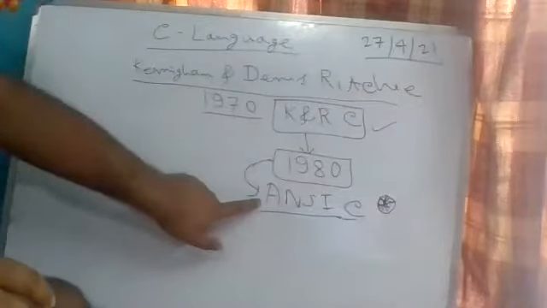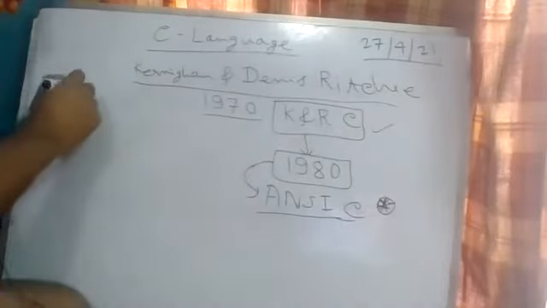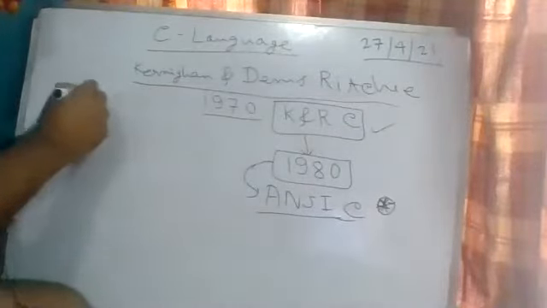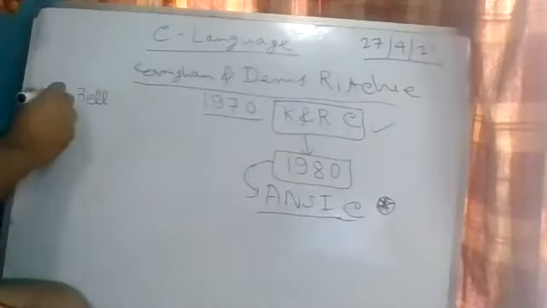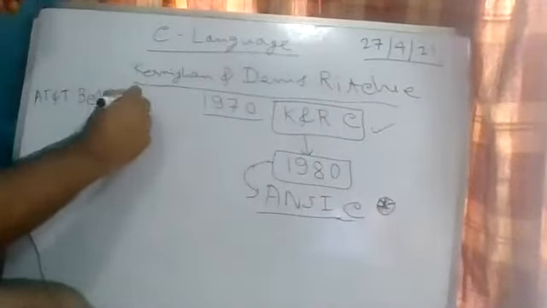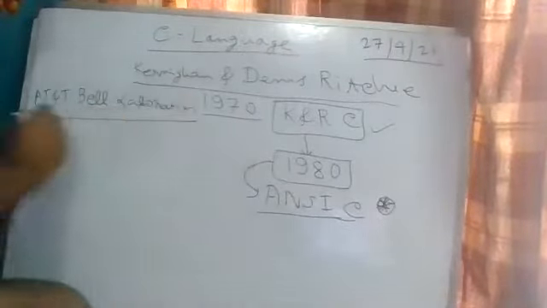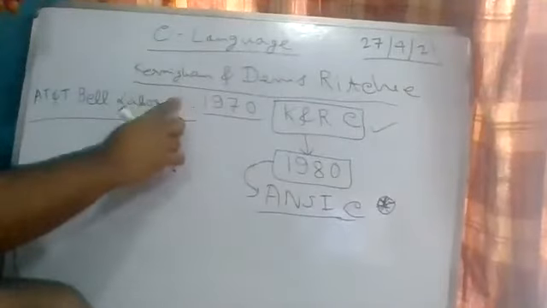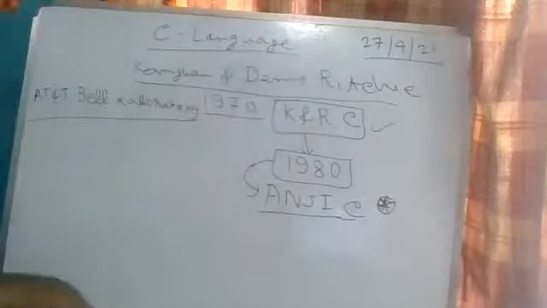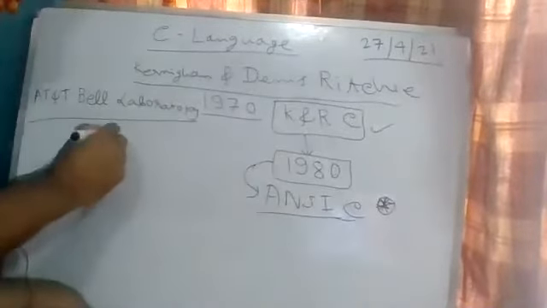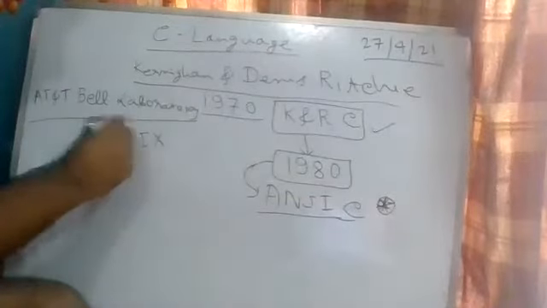Now, Kernighan and Dennis Ritchie were actually working at AT&T Bell Laboratories, which is situated in London, UK. They were working on a project to build a special kind of operating system called Unix.